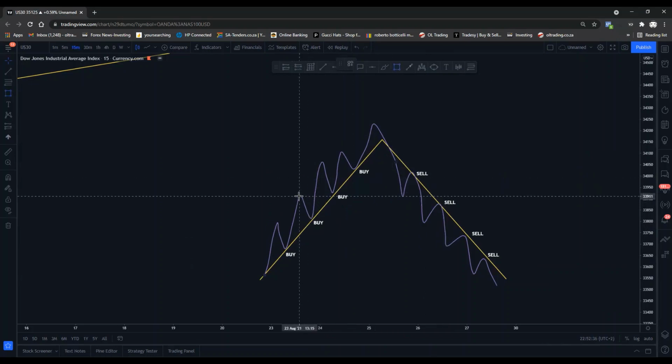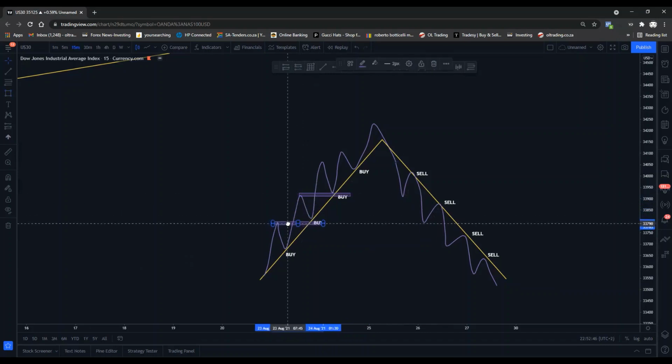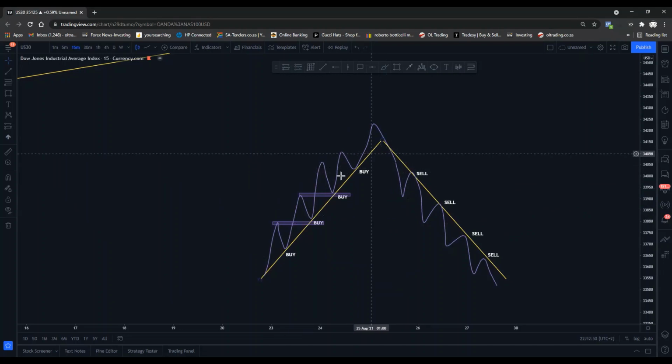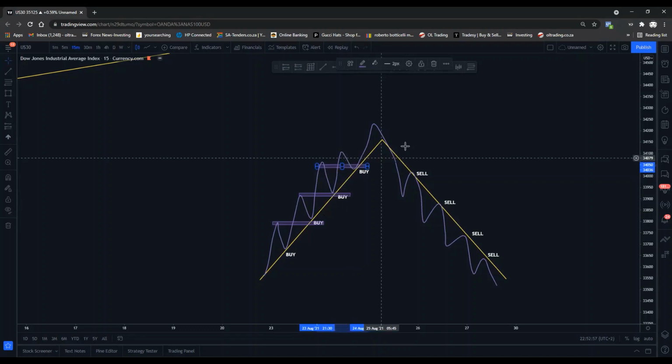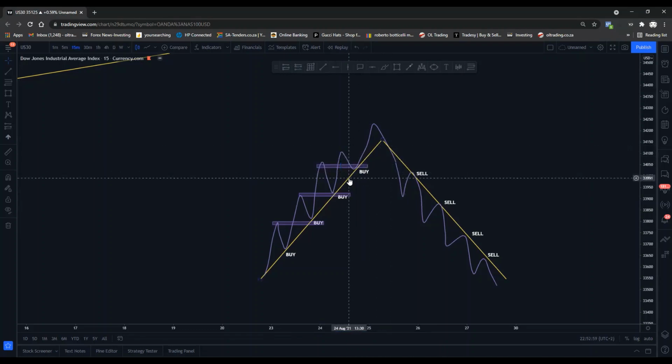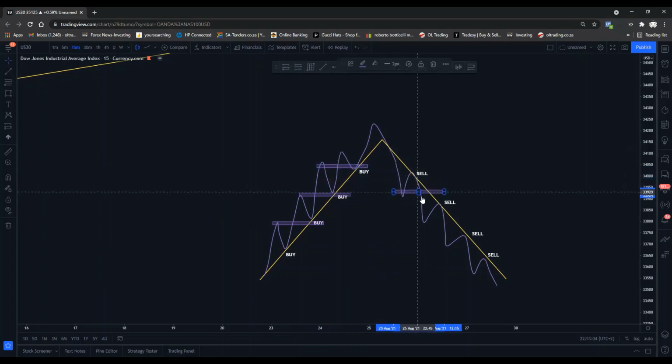And also, can you see the zones are there? The zones are here. So guys, you can see that you are able to make use of this significant illustration that I've just drawn here.